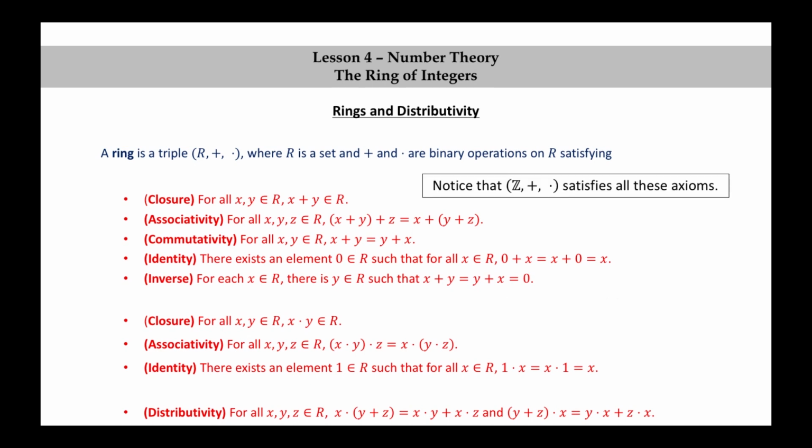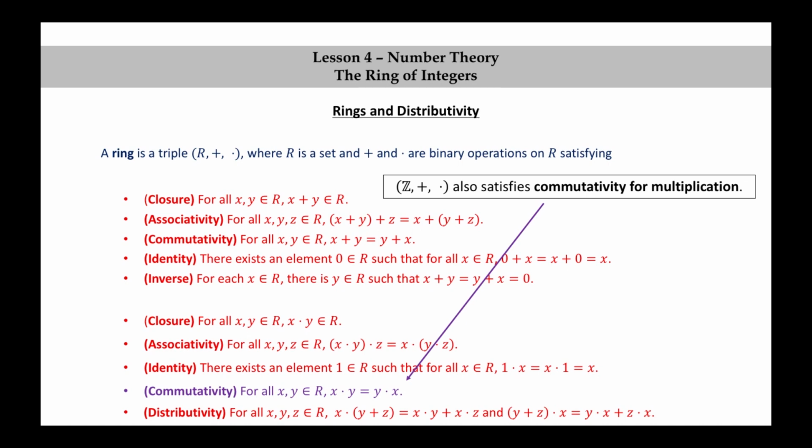Notice that the set of integers, together with addition and multiplication, satisfies all of these axioms. The set of integers, together with addition and multiplication, is a ring. (Z, plus, times) also satisfies commutativity for multiplication. So that property says that for all x and y in R, x times y is equal to y times x.